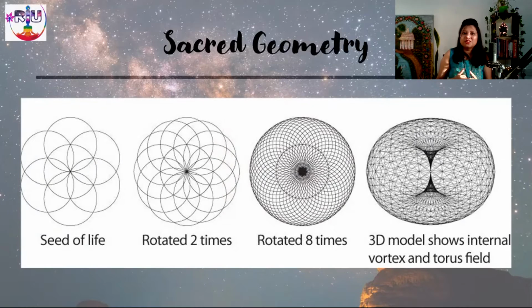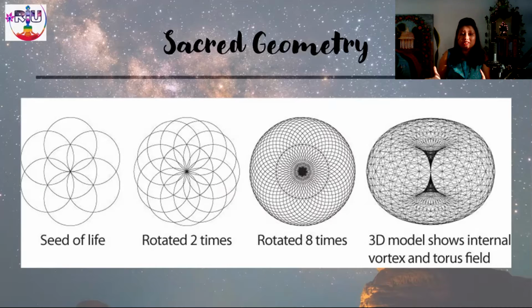Yes, if you observe nature, you will be able to relate it to fractals, recurring patterns, and ratios. If we take the example of the seed of life, when you continue to rotate the shape, a toroidal sphere will form. Isn't it amazing how intricately the universe is designed through geometry?